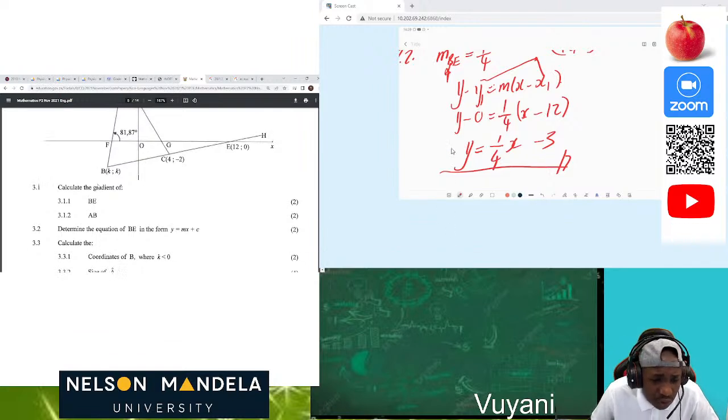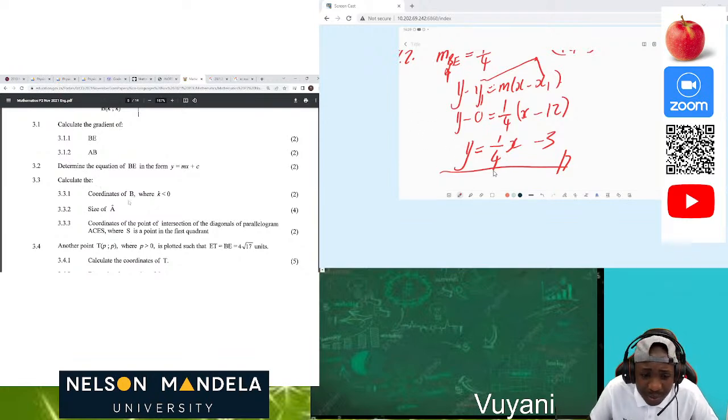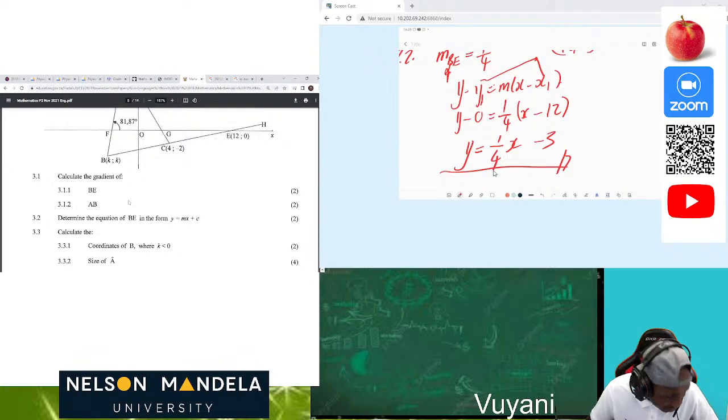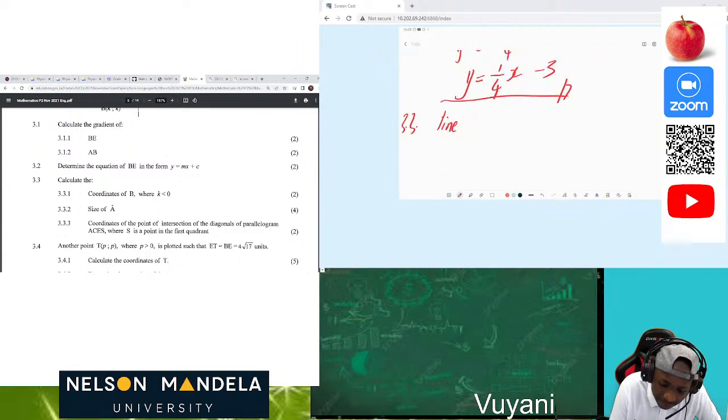Now, let's go to the next question. On question 3.3, the question goes, calculate the coordinates of B where k is less than 0. And it's only 2 marks. So now, what we know about line BE is that it has the equation y equal to 1 over 4 x minus 3.